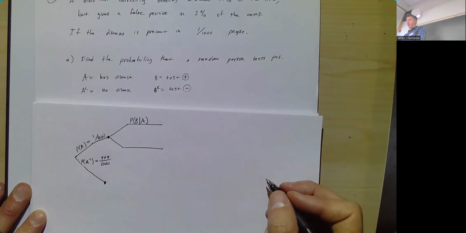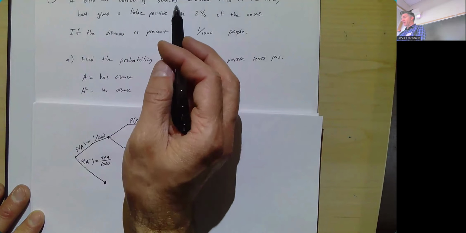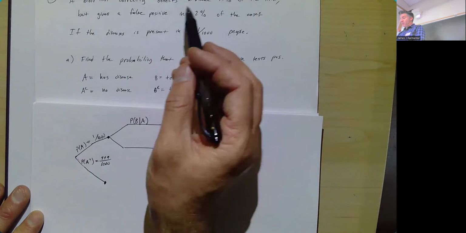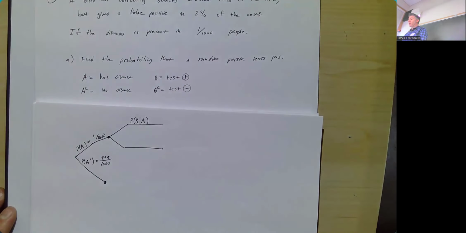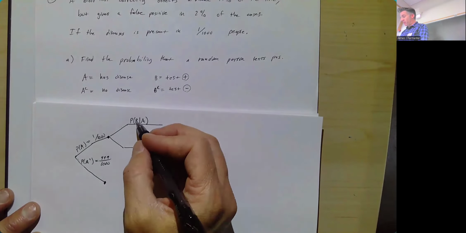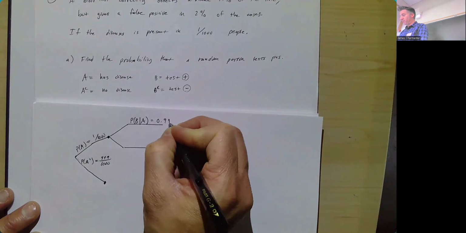It's been told to us in the problem. So if we read through, a blood test correctly detects the disease 99% of the time, but gives a false positive in 2% of the cases. So that means it's correctly detecting the disease when the disease is present 99% of the time. The probability of a positive test given that someone has the disease is 0.99.